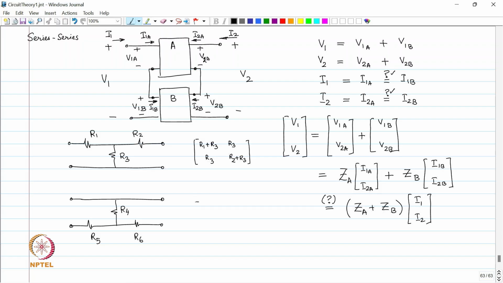So, what will be the Z parameters for the second network? Okay, this is what I have. Fine. Now, what we are going to do is we are going to go ahead and join them up, series configuration.